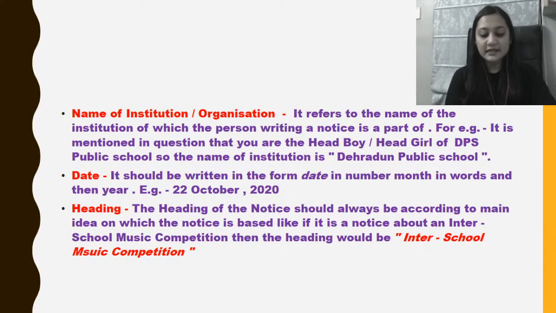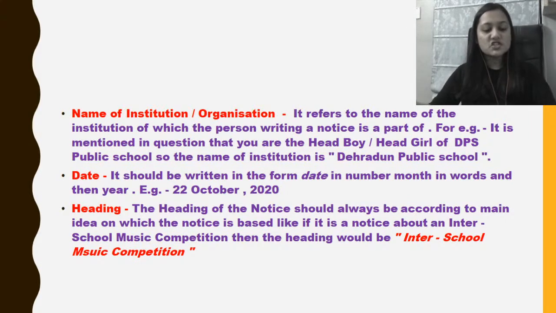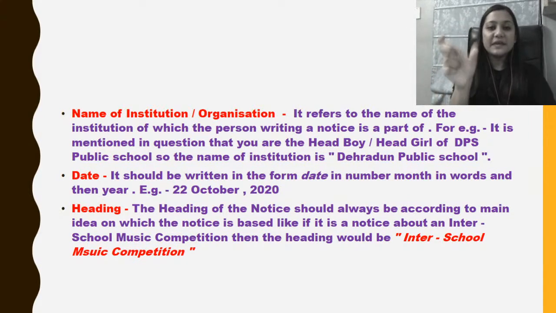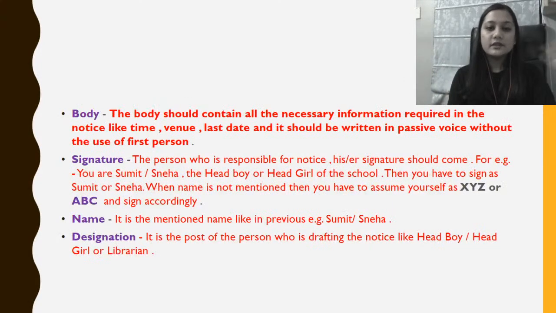That is something we need to keep in mind. Let's just say it is about an inter-school music competition. You want to tell everybody at large that you are conducting an inter-school music competition. That will be the major heading of the notice. Now, the body.